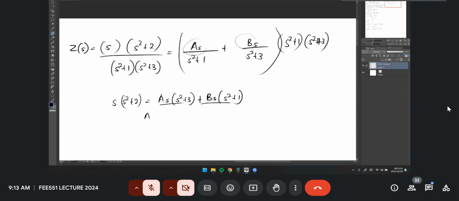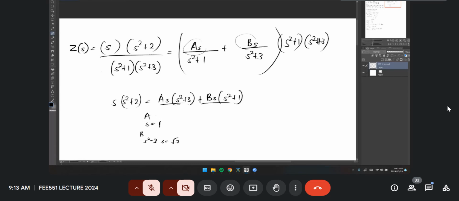To find the value of A, we can put the value of B to be 0. So we can put s squared equal to minus 1. And to find the value of B, you can put the other term to be 0, so s squared should be equal to minus 3.